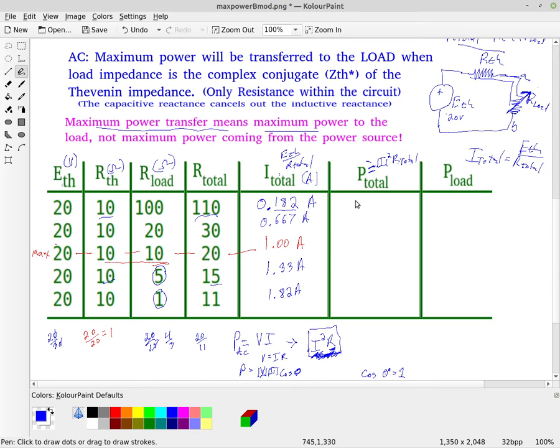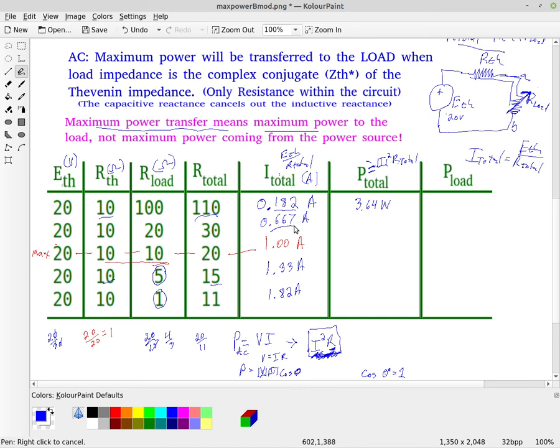And so in this first case, my total power is going to be 3.64 watts.